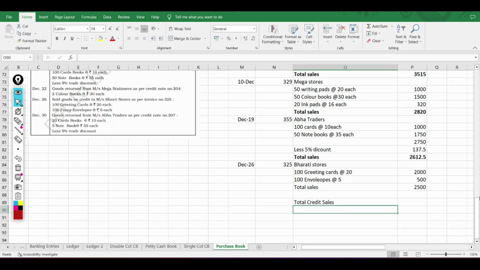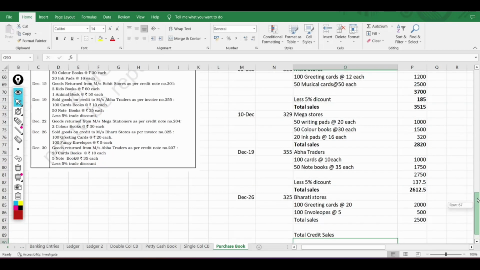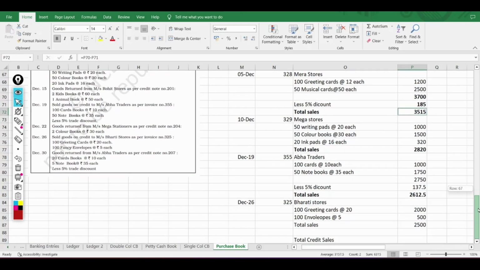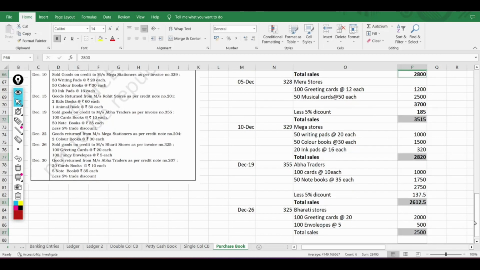Here total credit sales, first it's from Rohit rupees 2800, then Meera stores 3015, Megha stores 2820, and Abha stores 2612, and again from Bharti stores 2500. So our total here is 14,247.5.